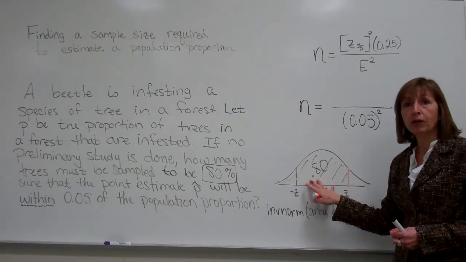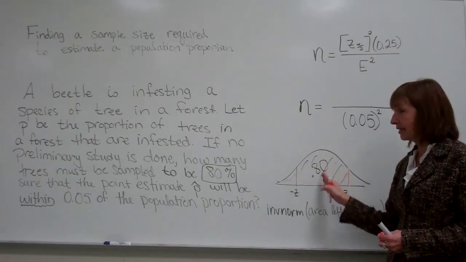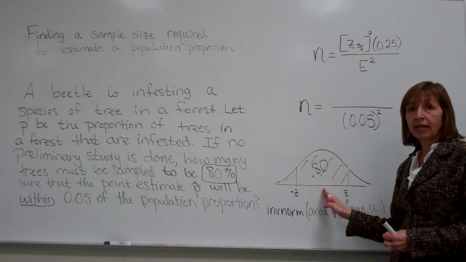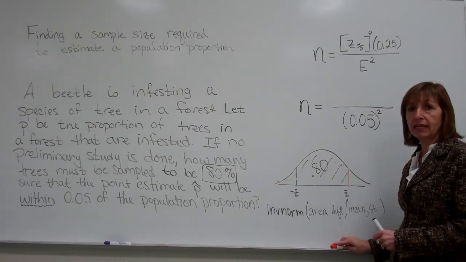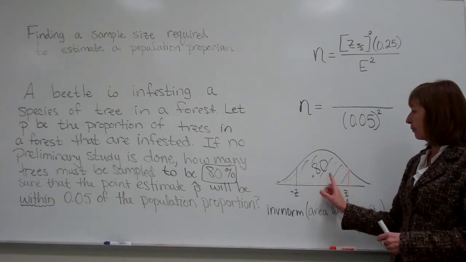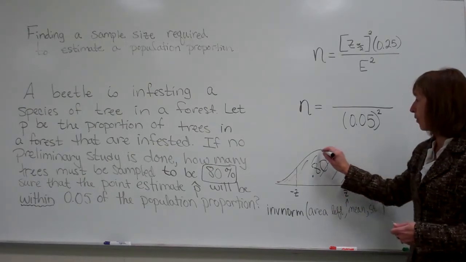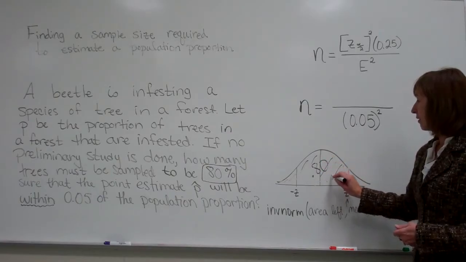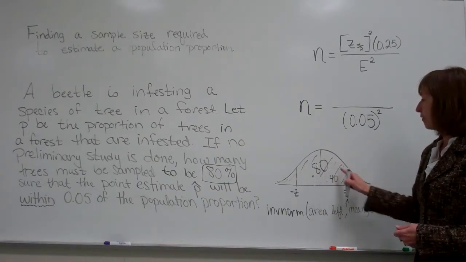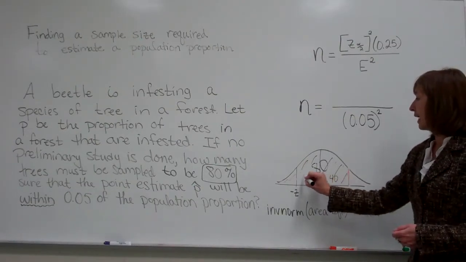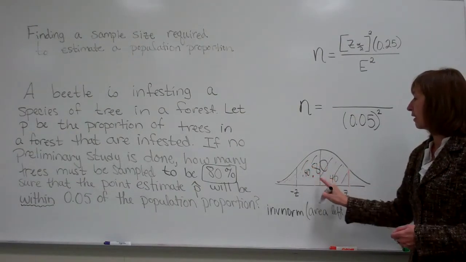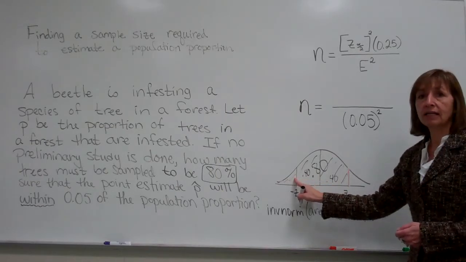Well, remember, for a normal curve, we have perfect symmetry through the vertical line that goes through the mean. And so if I want 80% on either side of it, then I would have 0.40 above the value of the mean to the z-score, and 0.40 area from the mean down to the negative of that z-score.